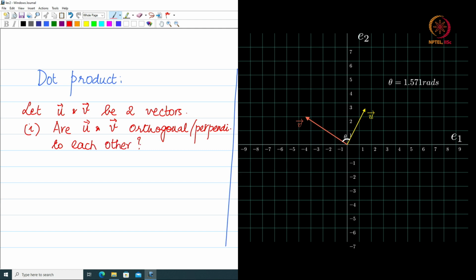If they are perpendicular to each other, we know that cos 90 is 0. So, if cos theta is 0, then the vectors are perpendicular. And the angle between them: what is the angle between u and v?